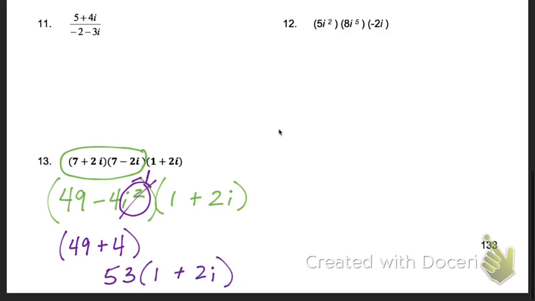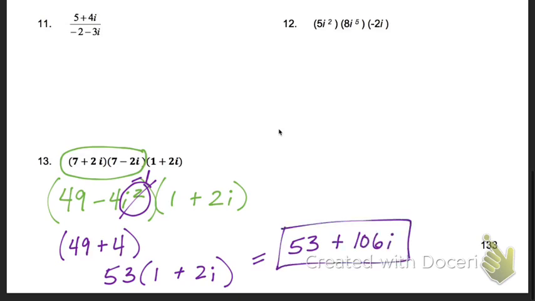Now go ahead and do that. That makes life easier. 53 plus 106i. Yeah, if we did FOIL it, it would have worked out the exact same. It just would have been more steps.